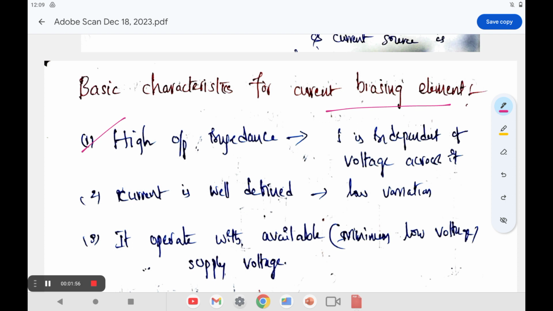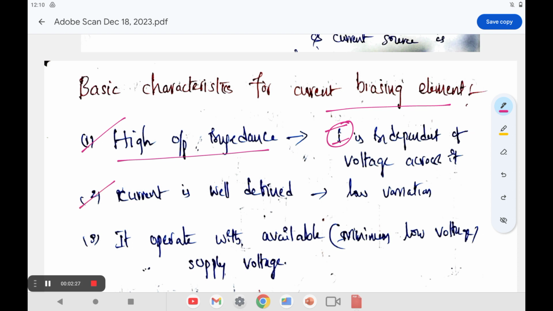High input impedance means that the current I is independent of the voltage across the element. Obviously we get a very high output impedance.